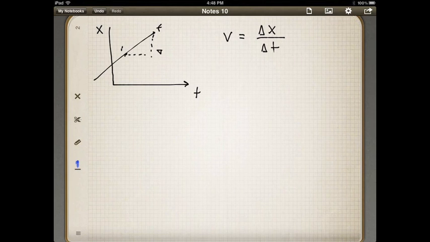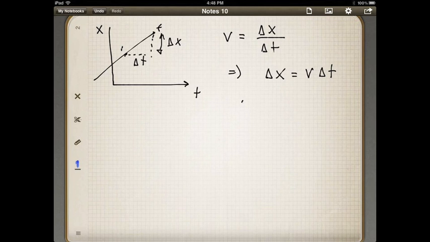This is your delta x and this is delta t. From this equation we know that delta x is equal to v times delta t. So if I know the velocity at which the object is moving, assuming that the velocity is constant, and I multiply the velocity by some interval of time, I know how much distance the object covered during that amount of time, delta t.